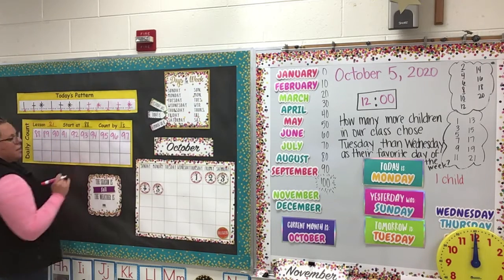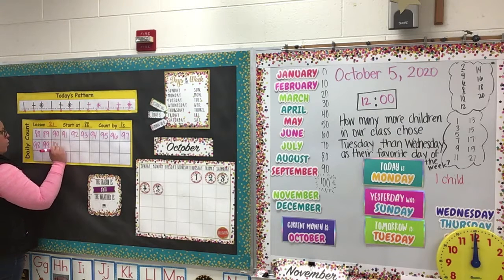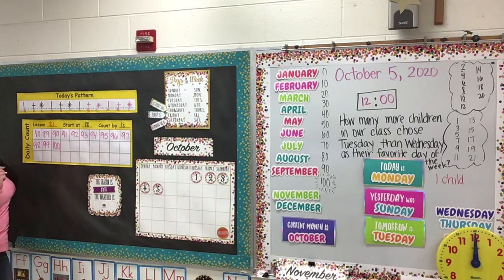After 96 is 97, 98, 99. Whoa, first grade, we just got to 100.